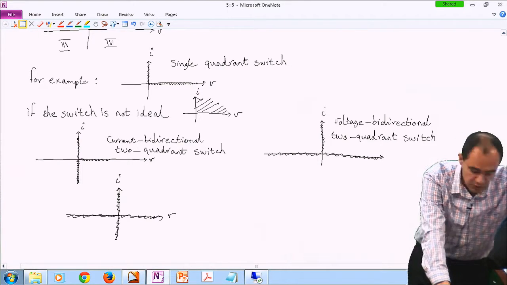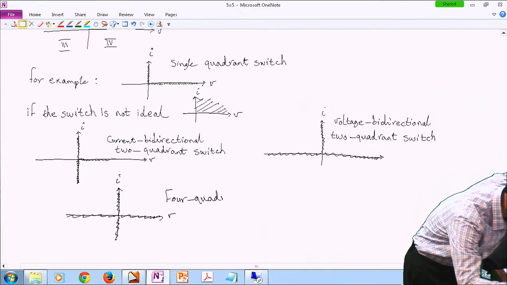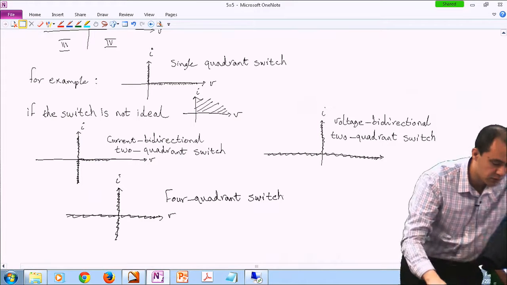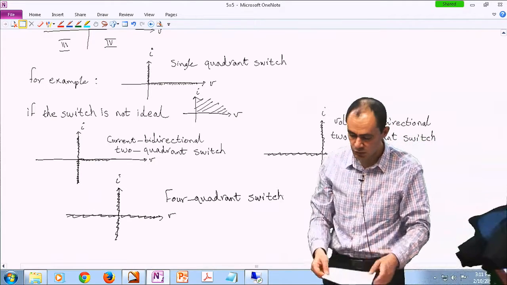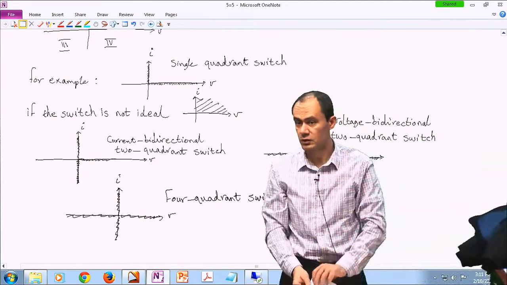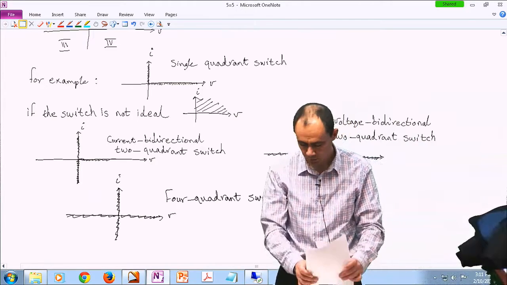So it's supposed to be a four-quadrant switch. Later on you can see that using, for instance, 4 diodes and 1 switch, you can build this switch. So all of these switches have a physical realization in the world.